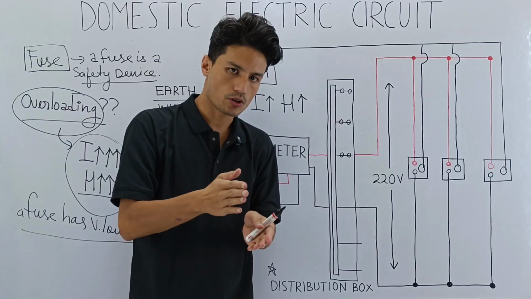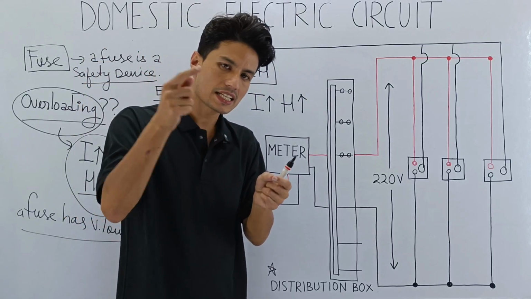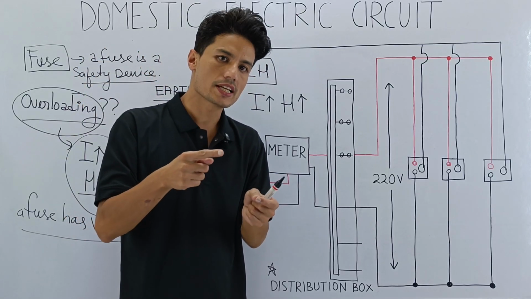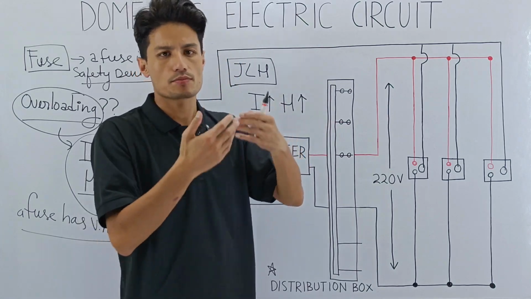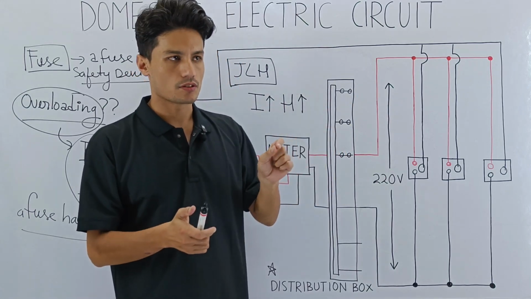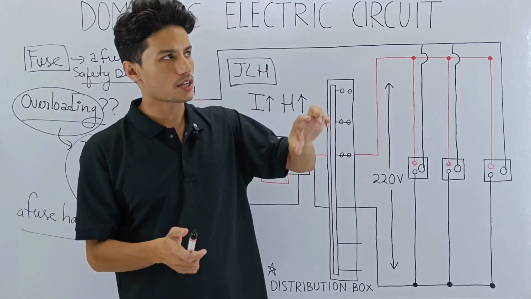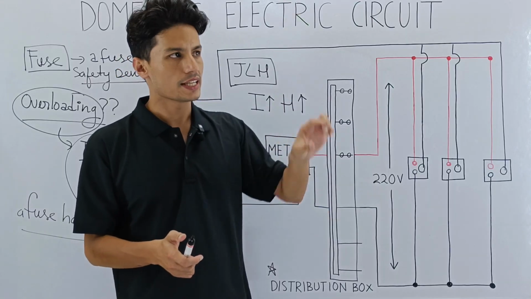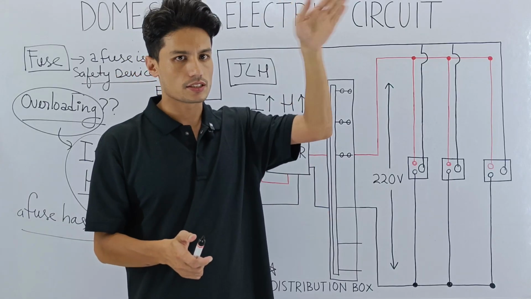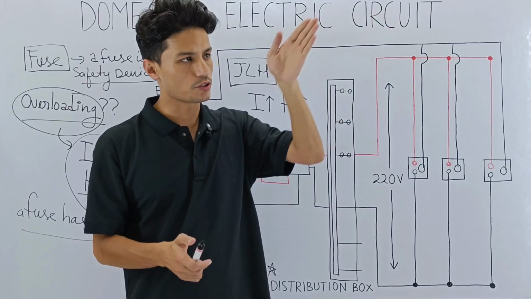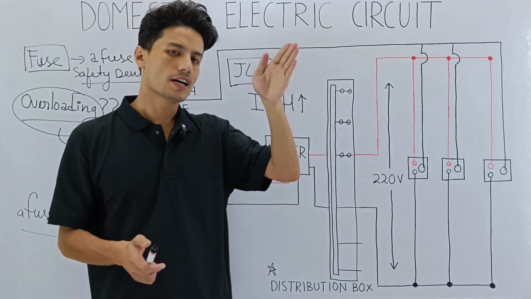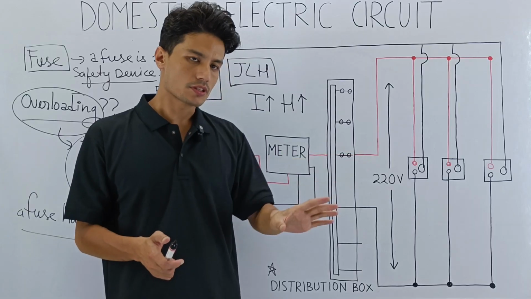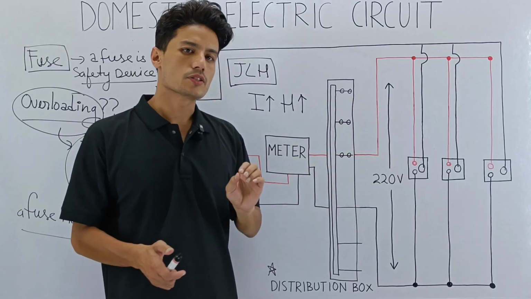But using the distribution box, the single connection which he has brought from the mains will be distributed into as many as he wants, or as many as rooms or floors are there, so that each floor and each room will get its connection of live wire and neutral wire. So that is the importance of the distribution box.